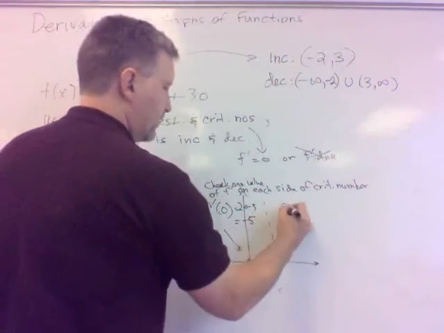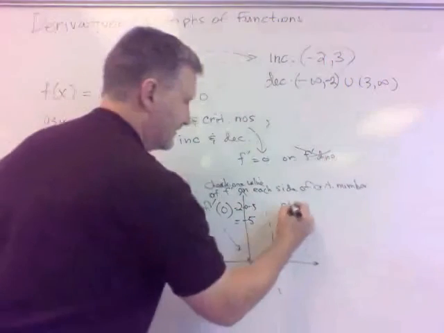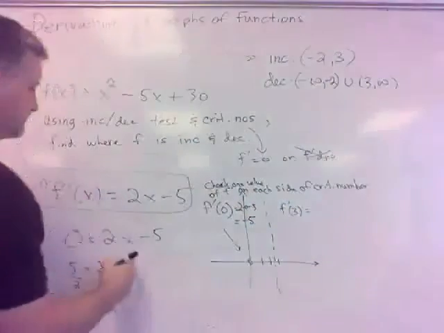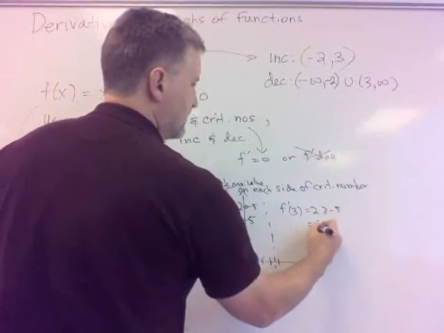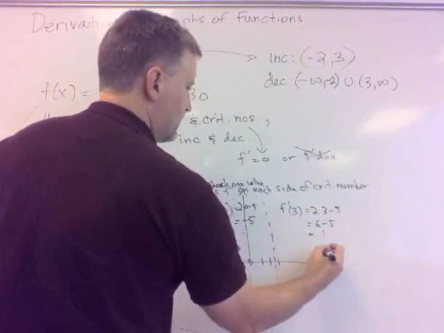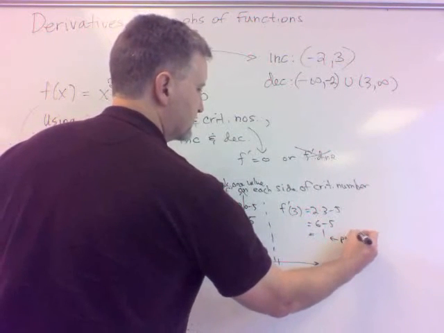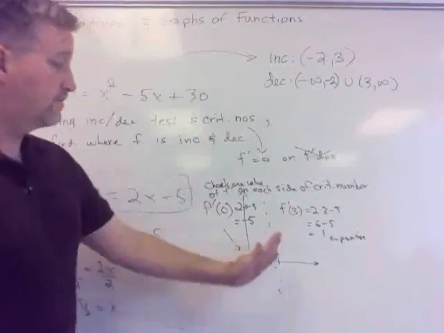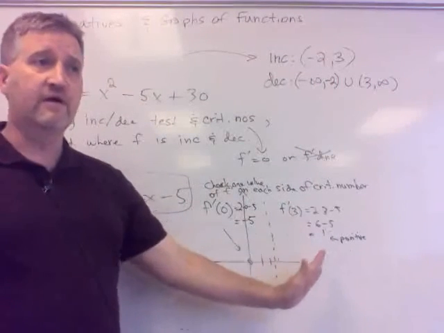Okay. What about the other side? Well, on this side, since this is 2.5, look at 3, the next best thing. What is f prime of 3? Well, 2 times 3 minus 5. This is 6 minus 5 is 1. Hey, that's positive. So that tells me the slope is positive. It's positive at 3, but isn't it going to then be positive at 4, 5, and beyond?